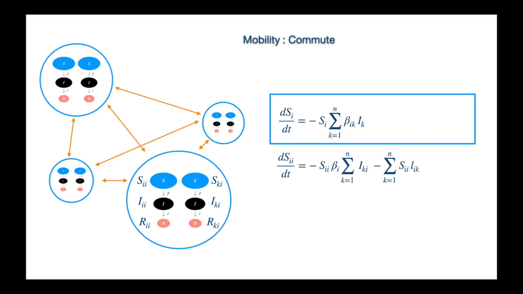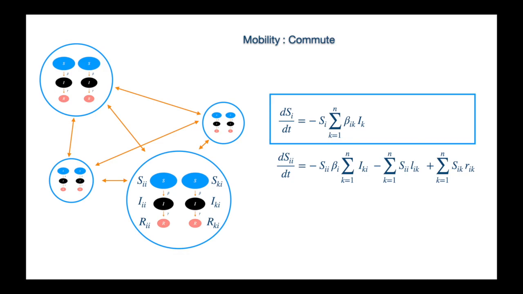So the size of the compartment reduces by this number, but then people will return. If we represent the return rate to I from K by R_IK, then multiplying the number of people who have gone from I to K by this return rate and summing across regions, we get the returning population, which increases the size of the compartment.